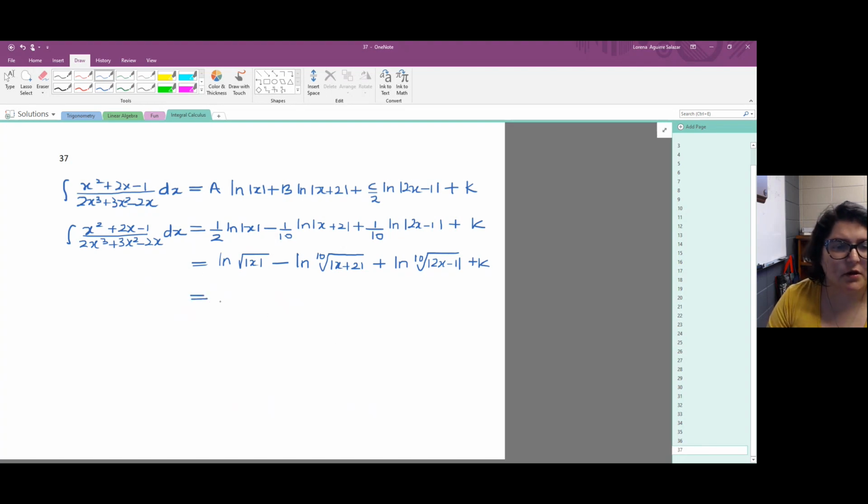We can use properties of logarithms to say that the ln of this minus the ln of that plus the ln of that is the ln of the absolute value of x under the root times the absolute value of 2x minus 1 under the 10th root, and then divided by the 10th root of x plus 2 in absolute value.